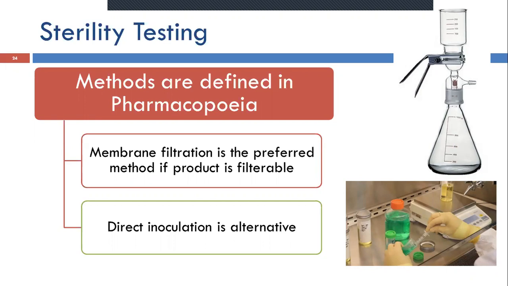But whenever it is not possible to go with the membrane filtration technique, suppose we have an injectable that is a syringe. A syringe is a sterile product, isn't it? Dispovan, you might have seen. Is it possible to filter the dispovan for the sterility testing?